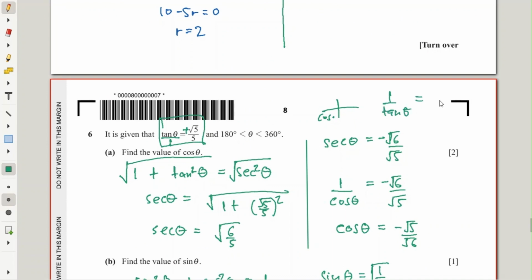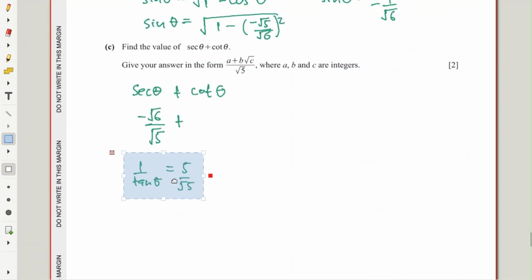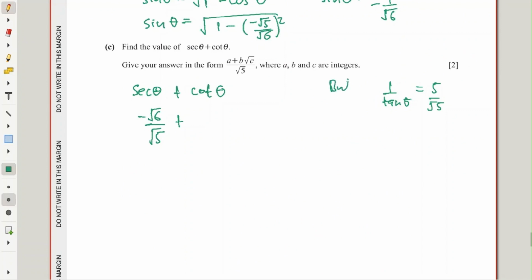That's the reciprocal, right? But don't forget that 1 over tan is the same as cos over sine. So what's the LCM? The LCM is going to be root 5. So I'm going to have this.